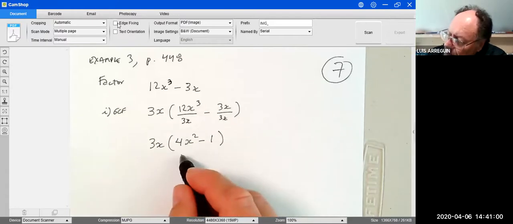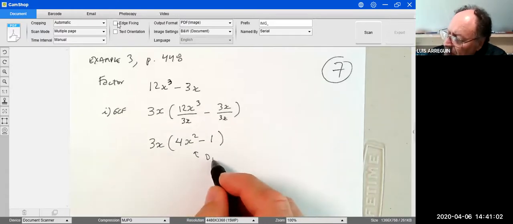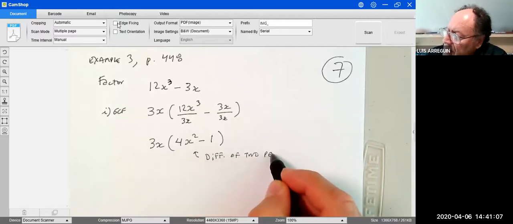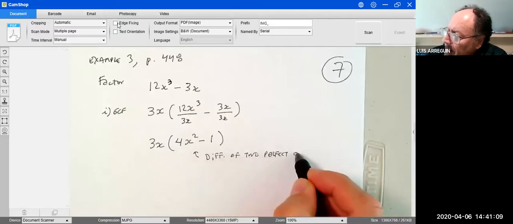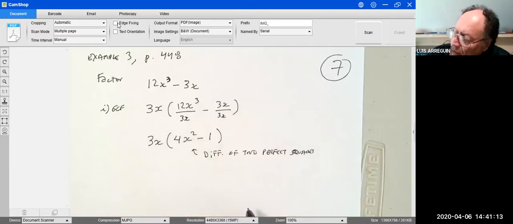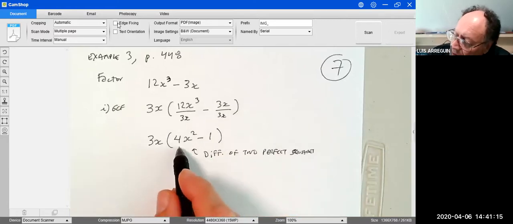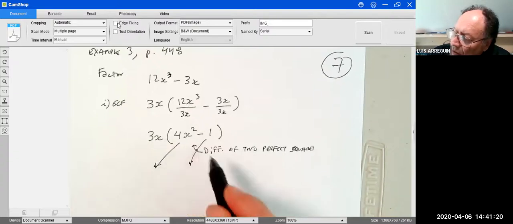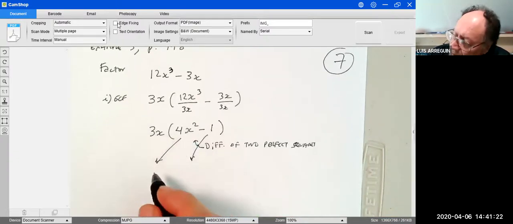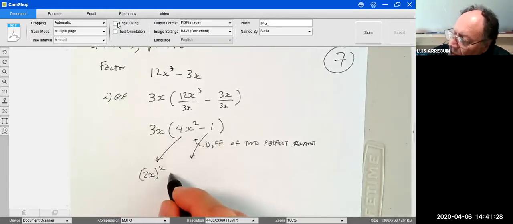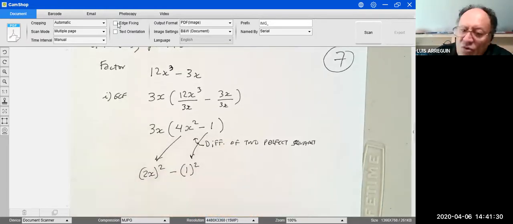Now inside of this parenthesis, we have the difference of 2 perfect squares. So we can factor that part by using our formula. So we only need to rewrite this as perfect squares. So what is 4x squared written as a perfect square? It's going to be 2x squared. What is 1 written as a perfect square? It's going to be 1 squared.